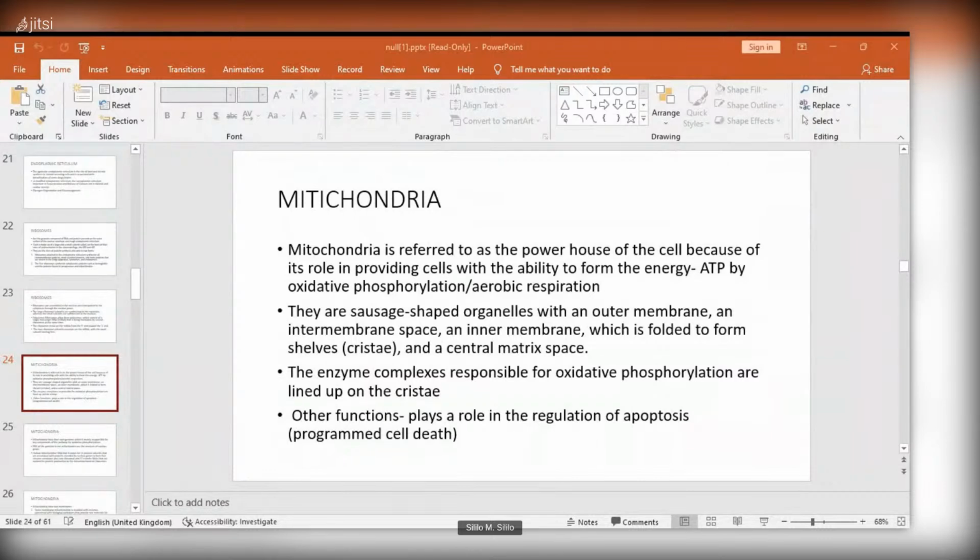It happens through what is referred to as what? Oxidative phosphorylation. Oxidative phosphorylation happens through a process called aerobic respiration. We're not going to go into detail in that. However, when you go into your biochemistry, there is a topic called oxidative phosphorylation, and we're going to see how those enzymes are going to be moving.